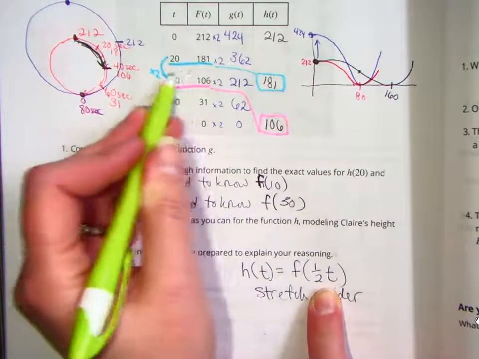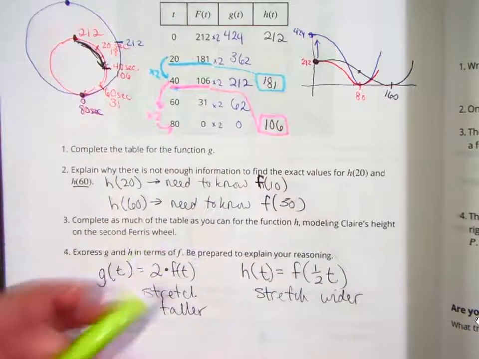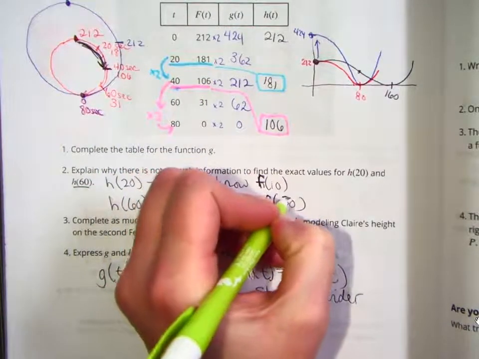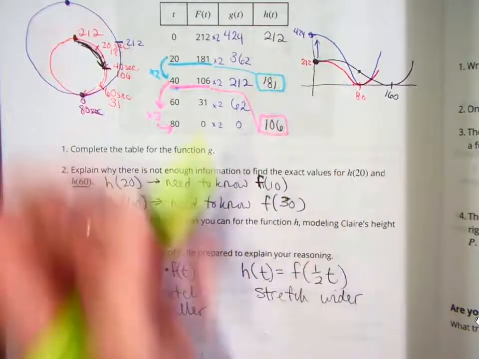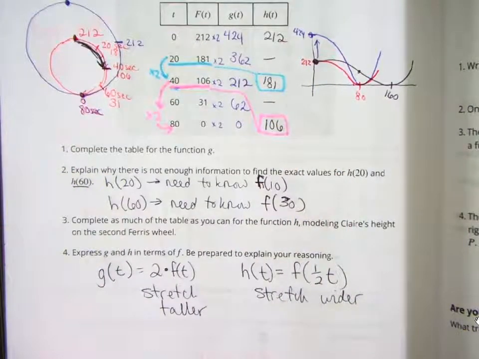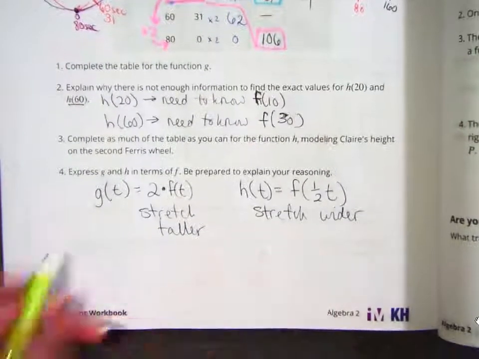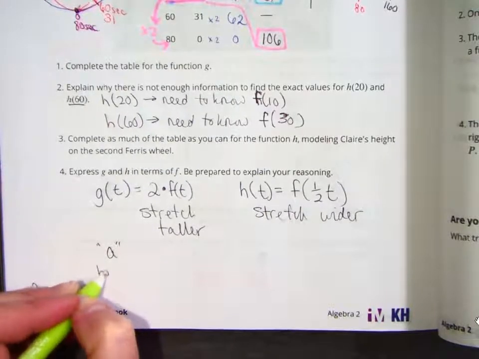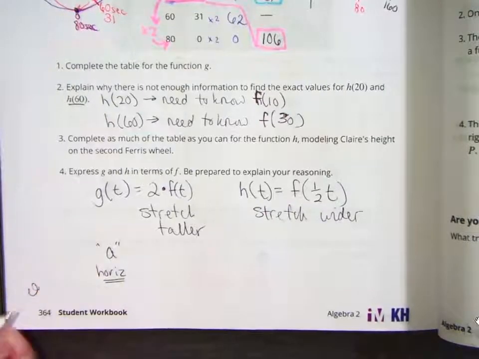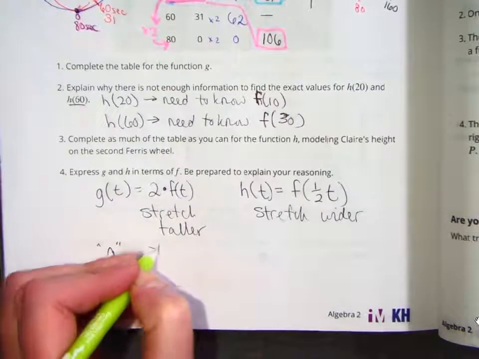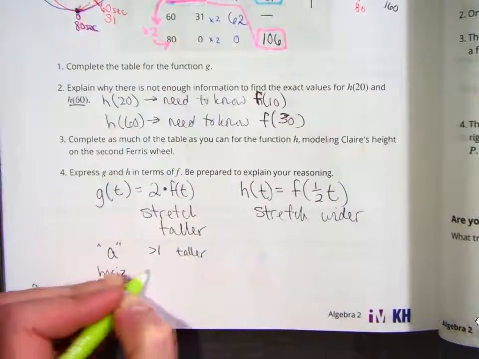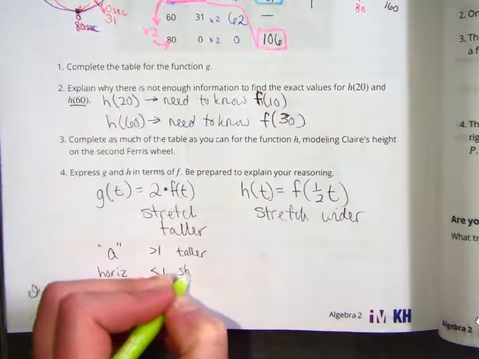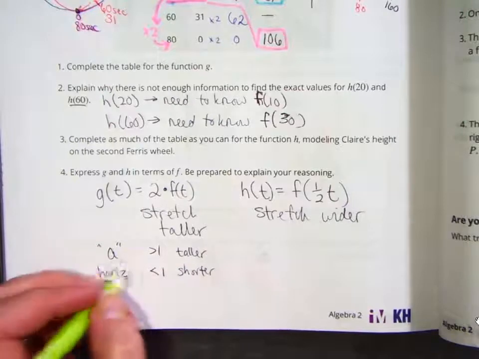We don't know what our height is at 30 seconds, so I can't say with certainty and fill it out in our table here, so we don't have exact values for those. So a big idea that we have so far: if we have a multiplier out front, something that's doing horizontal change, if it's greater than 1, it's going to be taller. If it's less than 1, it's going to be shorter. I should say between 1 and 0.